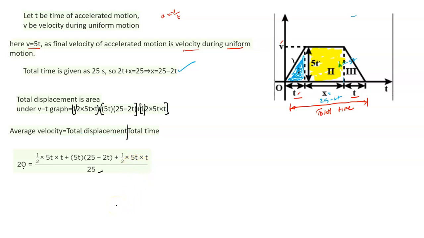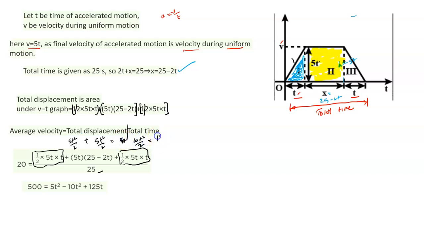by t. On solving this, cross multiply, it is 500. I'm getting 5t square upon 2 plus again 5t square upon 2. So that becomes 5t square, which is 10t square upon 2.